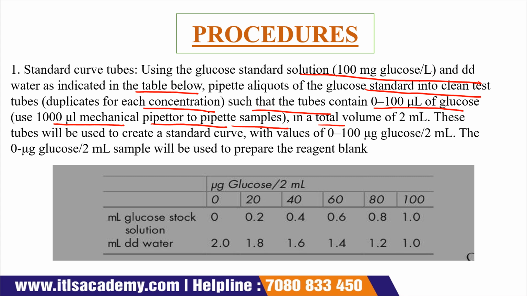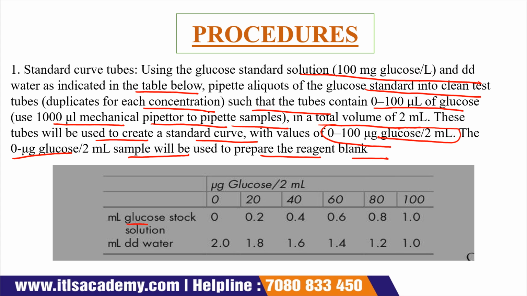In a total volume of 2 ml, these tubes will be used to create a standard curve with values of 0 to 100 microgram of glucose per 2 ml. The 0 microgram of glucose per 2 ml sample will be used to prepare the reagent blank.